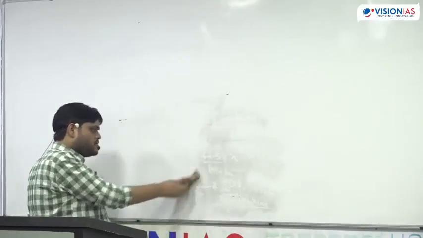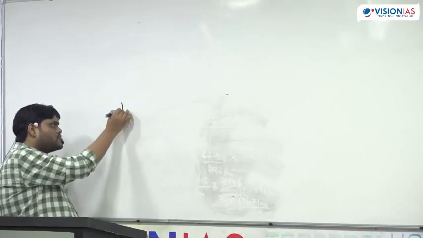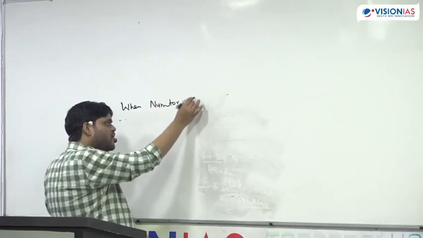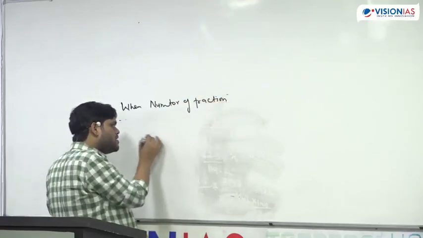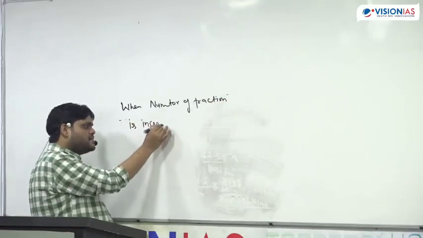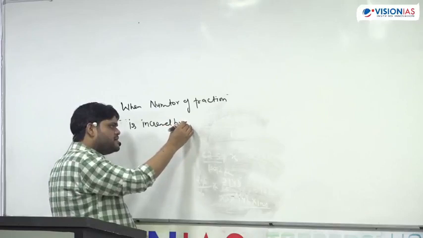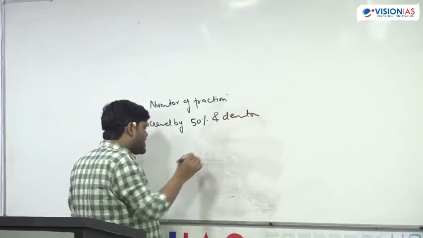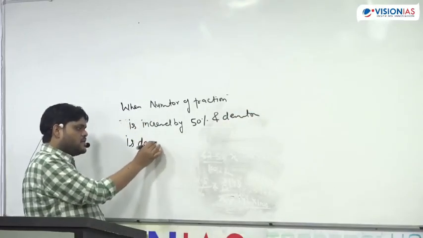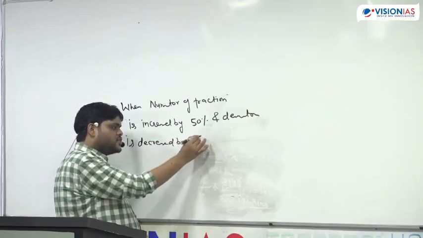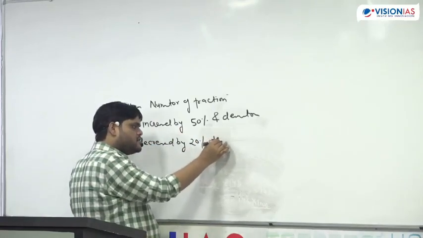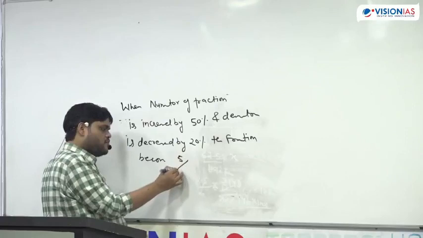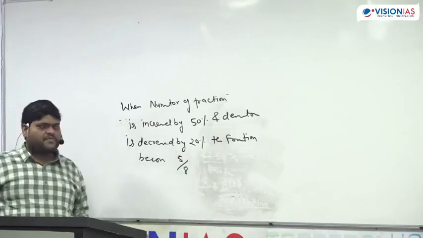Now, a question is there. When the numerator of a fraction is increased by 50% and the denominator is decreased by 20%, the fraction becomes 5 by 8.